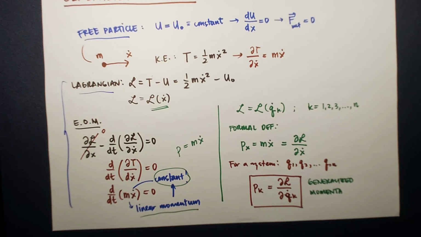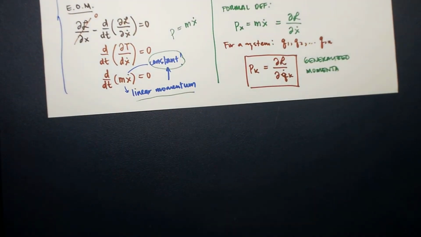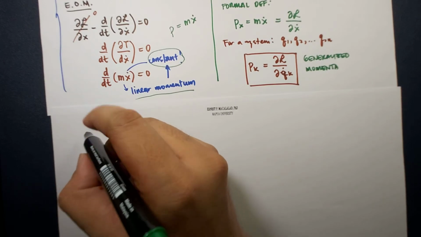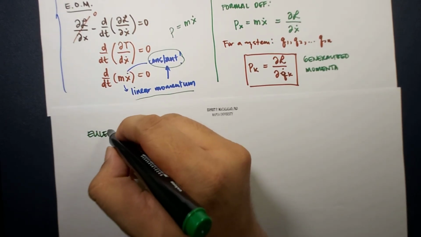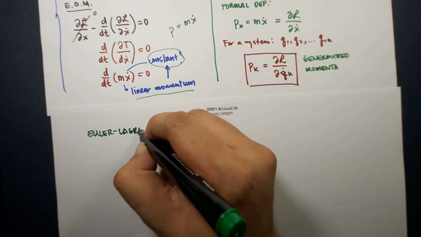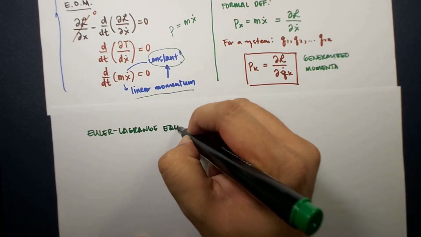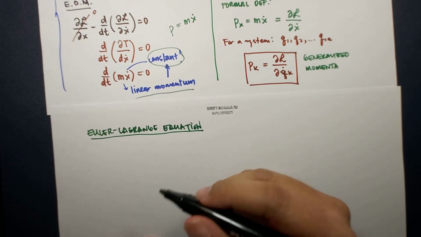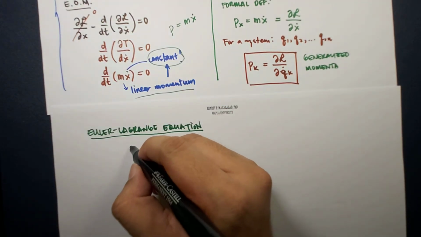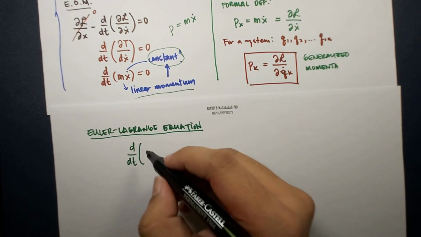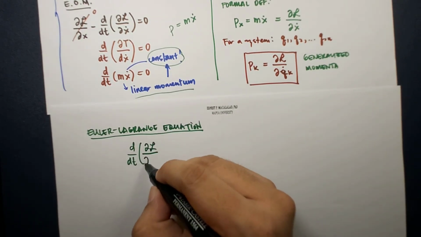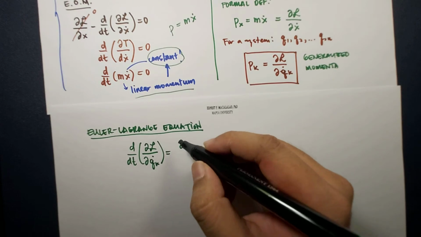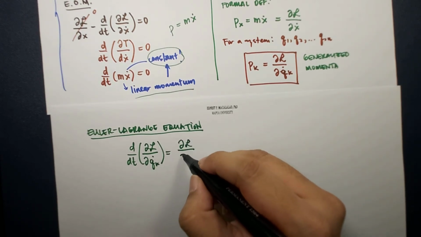So, going back to our equation of motion, again, the Euler-Lagrange equation, written in terms of generalized coordinates and generalized velocity, is the derivative with respect to time of the partial derivative of L with respect to q k dot, and this is equal to the partial derivative of L with respect to qk.